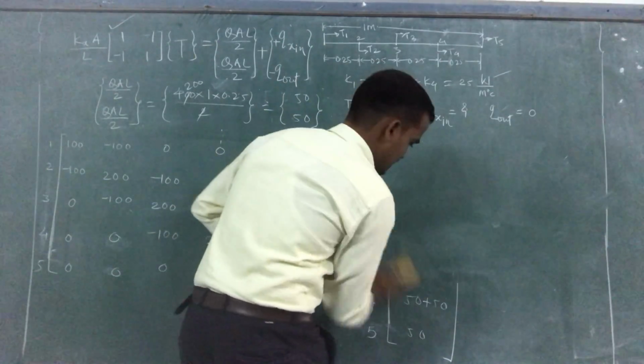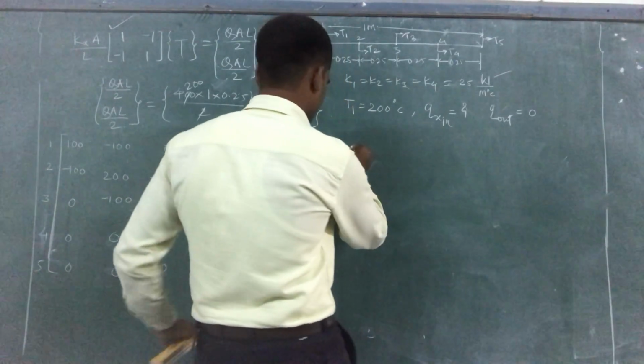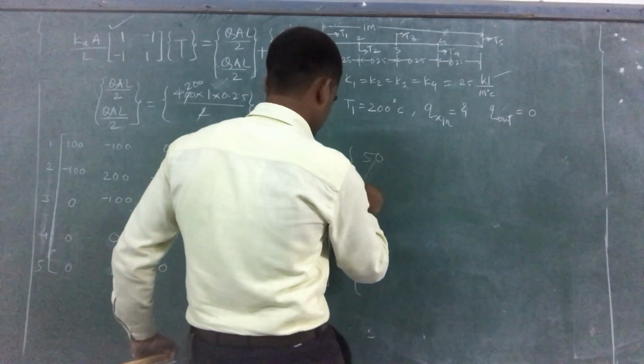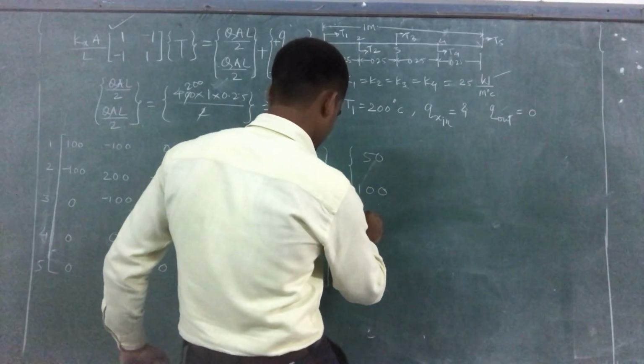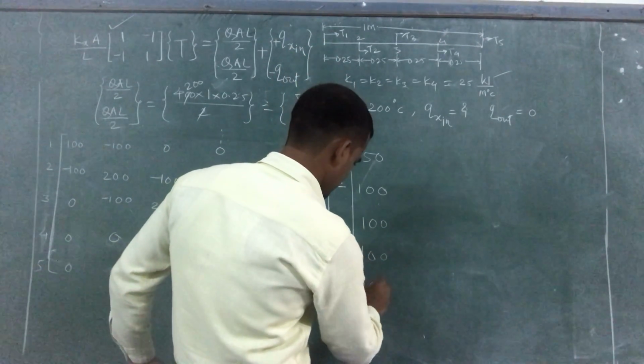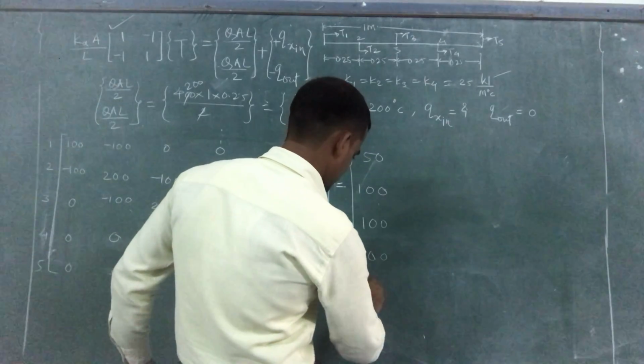So in this way we can write 50, 100, 100, 100 and 50.